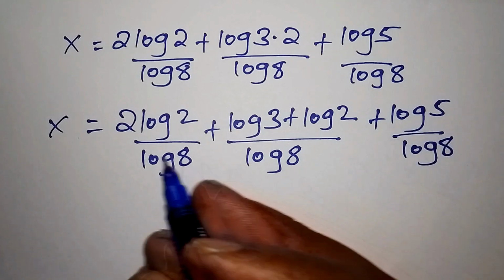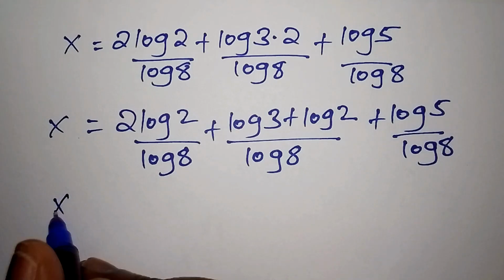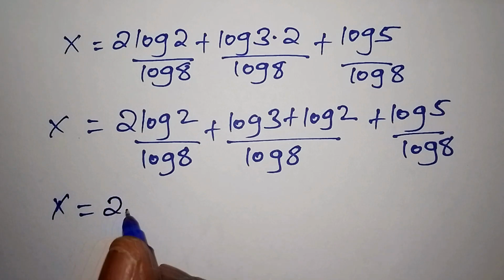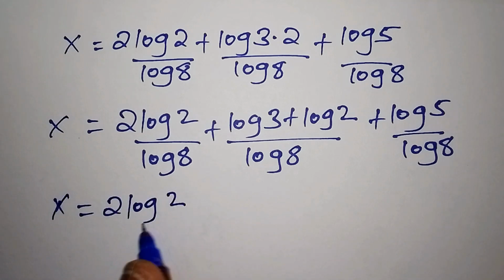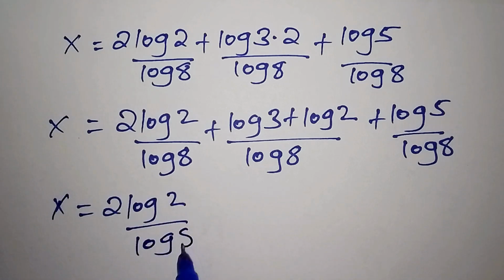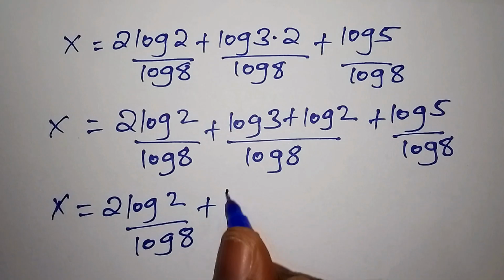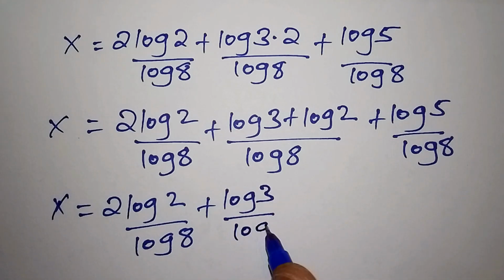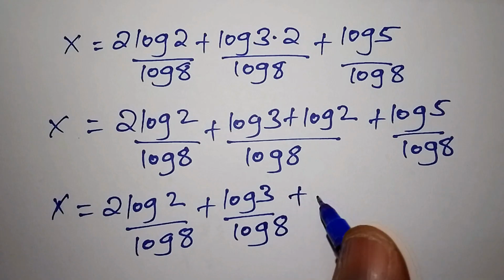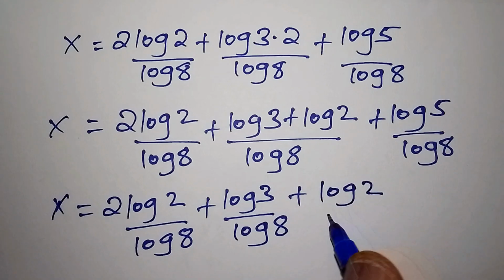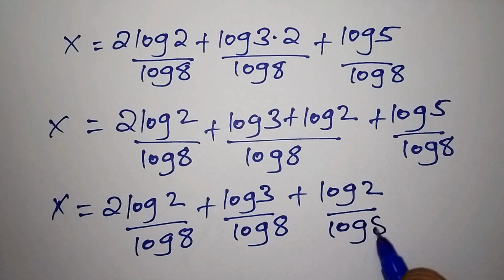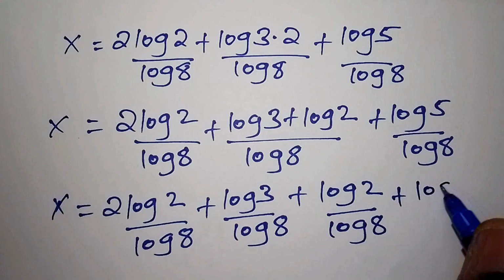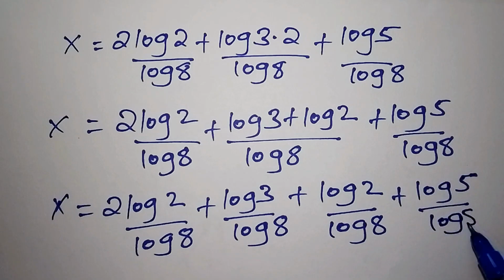So now the value for x is equal to 2 times the log of 2 all over the log of 8, plus the log of 3 all over the log of 8, plus the log of 2 all over the log of 8, plus the log of 5 all over the log of 8.